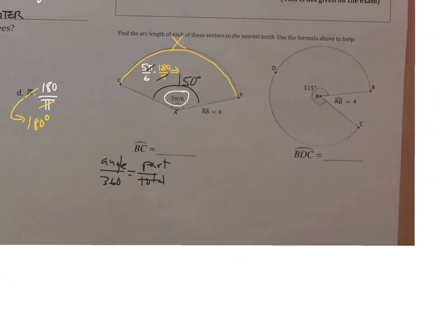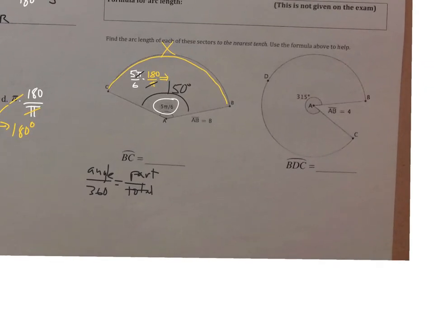So in this question, what's going to be in the top left-hand corner? The angle. The bottom's going to still be 360. And what's going to go on the top there? X, because we're looking for part of the circle. And then what's the total going to be? The area or the circumference?